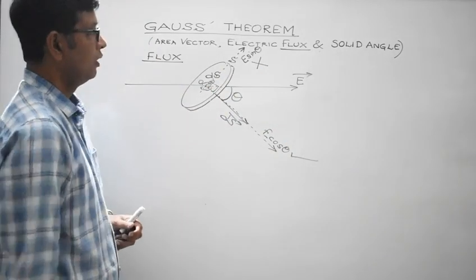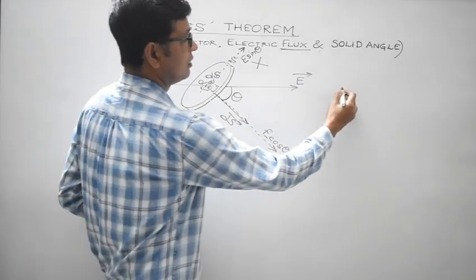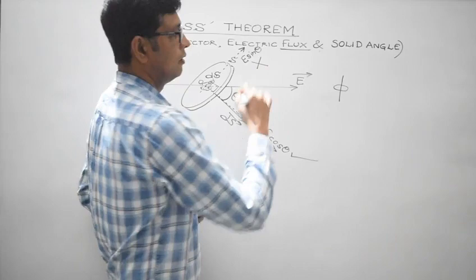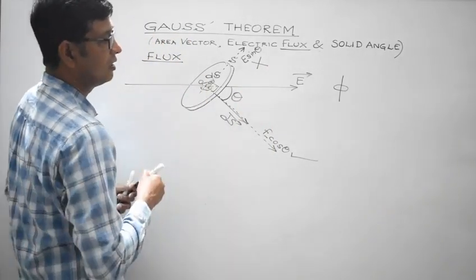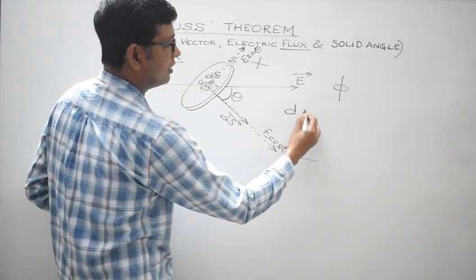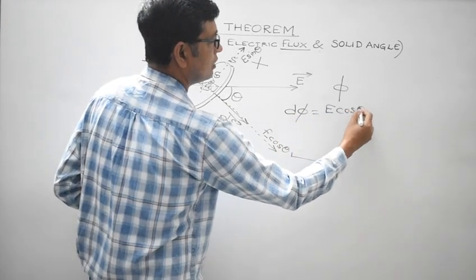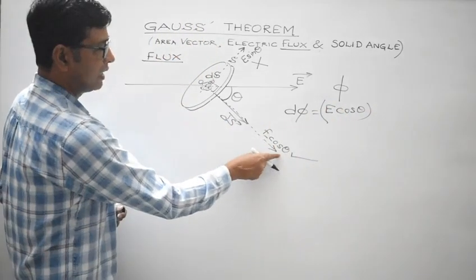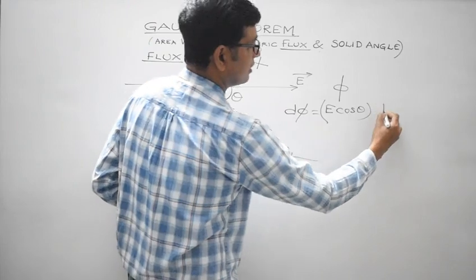Got it? So basically, flux associated with the surface is represented by phi. Now since we are dealing with a small surface area, the small flux associated would be given by E cos theta, the component of the electric field which is perpendicular to the surface, multiplied by the area under consideration, that is ds.